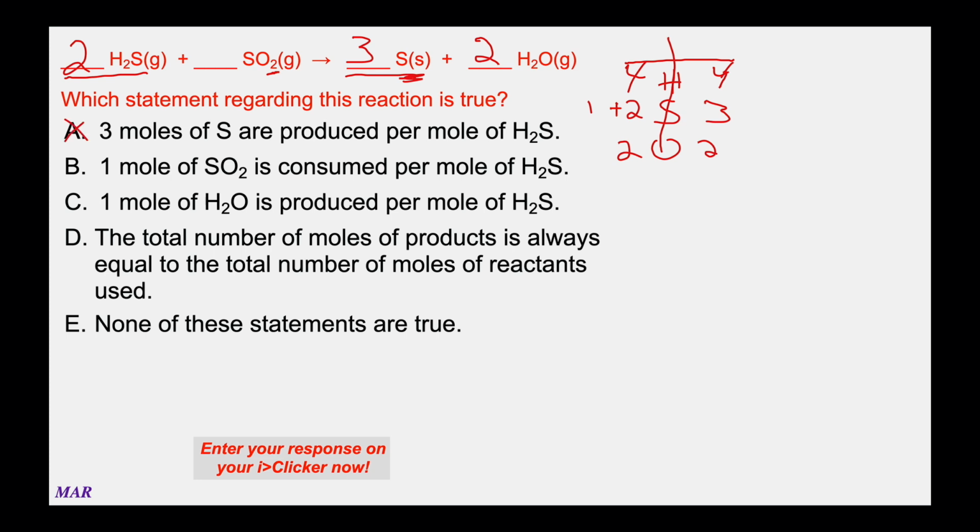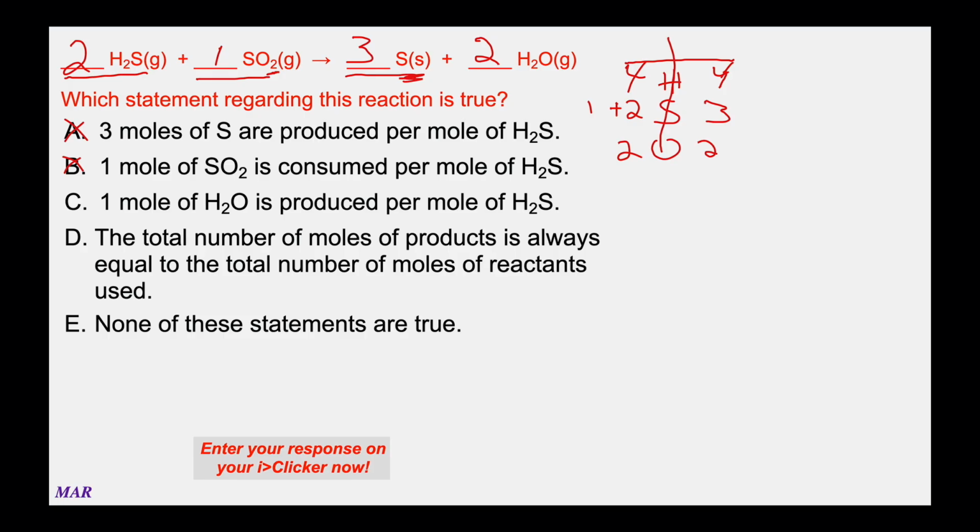Answer A does not look right. Then it says 1 mole of SO2 is consumed per mole of H2S. Well, there's a 1 in front of the SO2. There's like an invisible 1 right there, and you shouldn't write that, but I'll write it here for instruction. There's a 1:2 ratio of SO2 to H2S. It is not 1:1. Answer B doesn't look right.